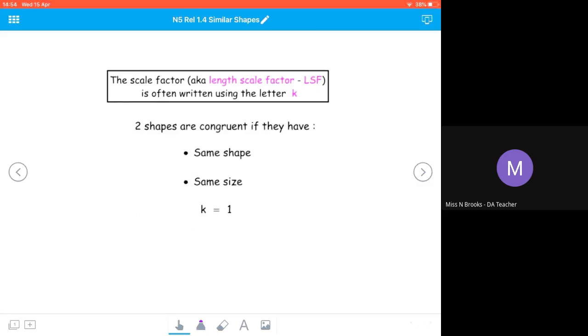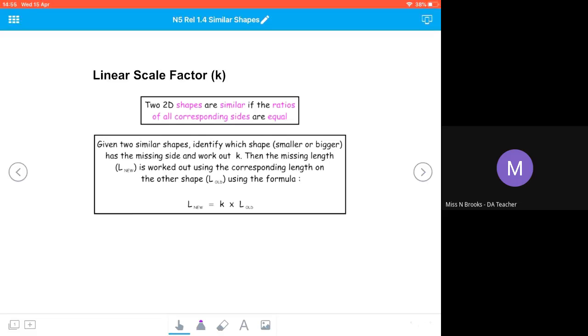The scale factor is also known as the length scale factor, LSF, or we often write it using the letter K to signify the scale factor. 2 shapes are congruent if they have the same shape and the same size, so K equals 1. Now for a linear scale factor, 2 two-dimensional shapes are similar if the ratios of all the corresponding sides are equal.